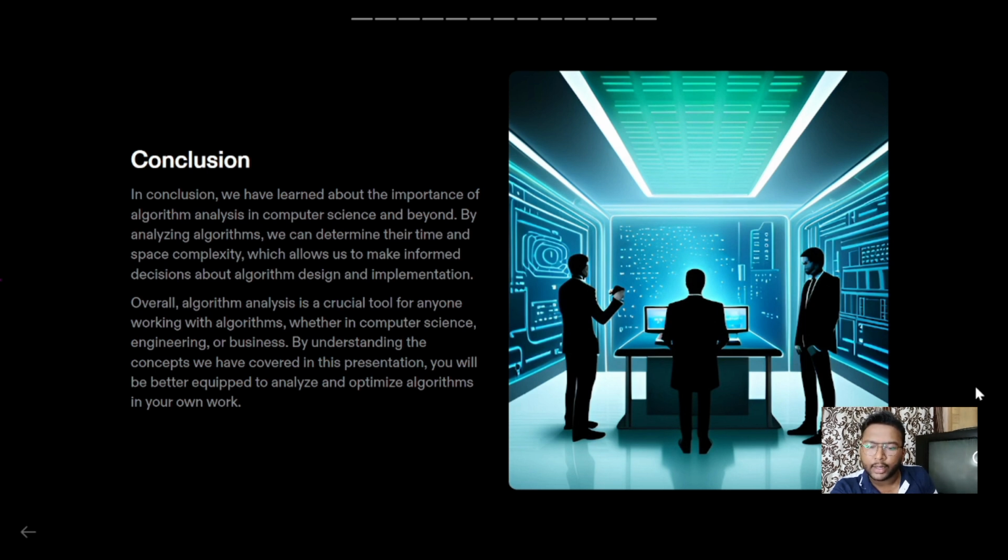Overall, algorithm analysis is a crucial tool for anyone working with algorithms, whether in computer science, engineering, or business. By understanding the concepts we covered in this presentation, you will be better equipped to analyze and optimize the algorithms in your own work.